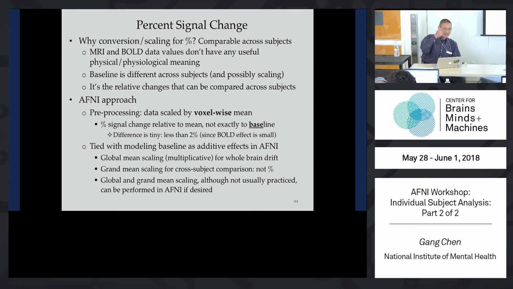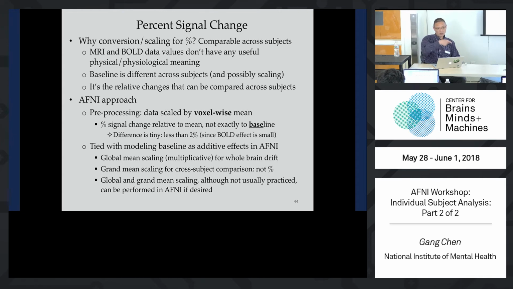We divide those 200 numbers by the average of those 200 numbers, then multiply by 100. In the end, you still have the time series, but the values would be roughly around 100, because you divide by the average, so it would be roughly 1, but you multiply by 100, so it would be 100.